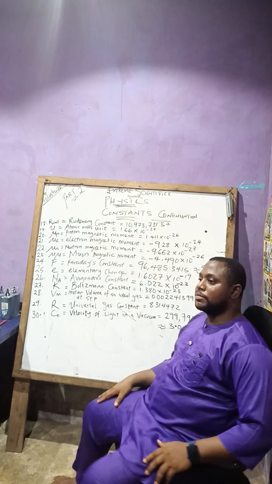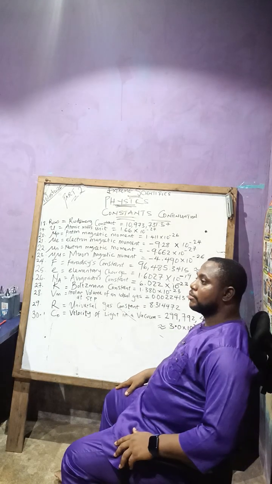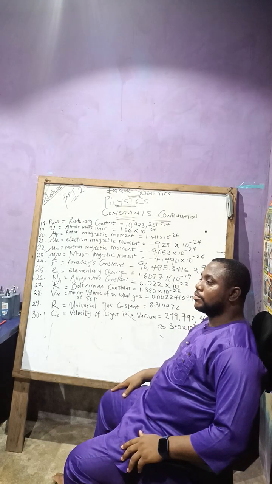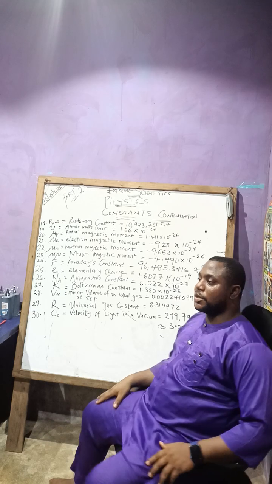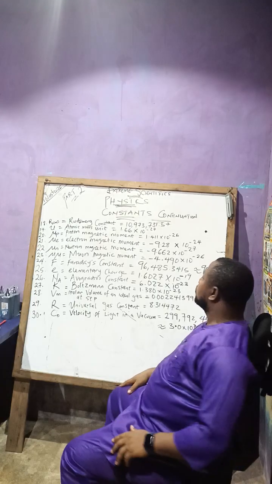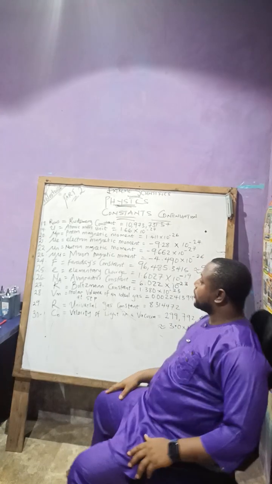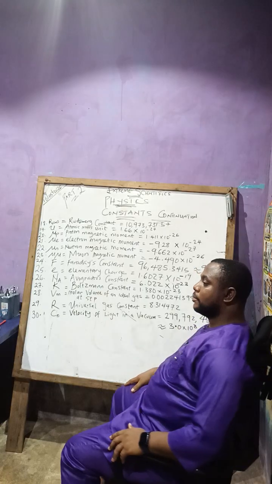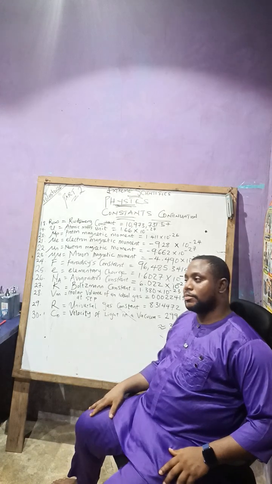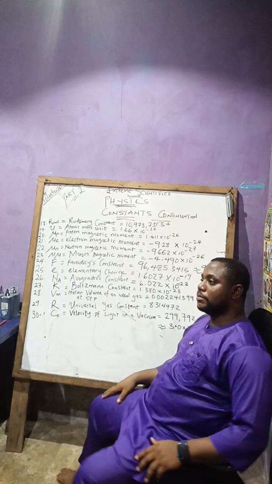Mn, mass of neutron, 1.67492 times 10 to the power minus 27 kilograms. Mu, muon mass, 1.88 times 10 to the power minus 28 kilograms.